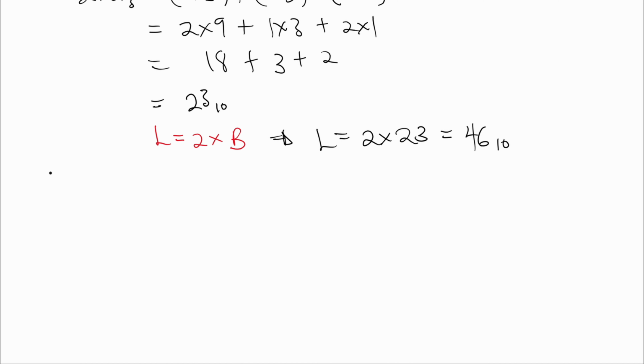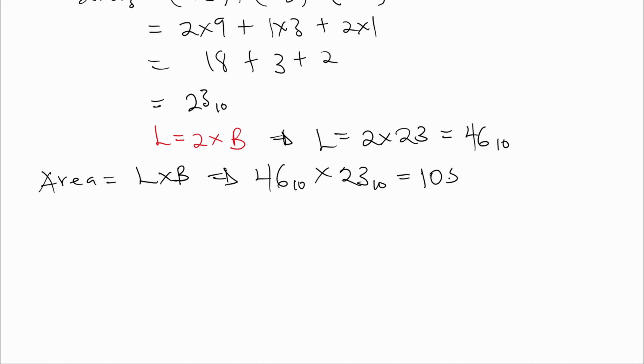So area is equal to L times B, which is equal to 46 base 10 times 23 base 10. And this should give us 1058 base 10 meters squared. But then we don't need the answer in base 10, we need it in base 5.